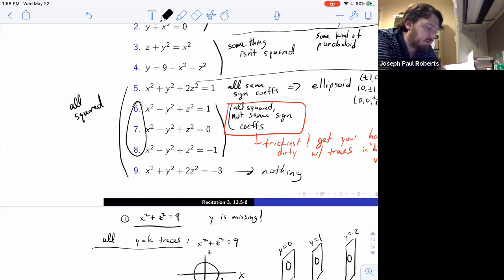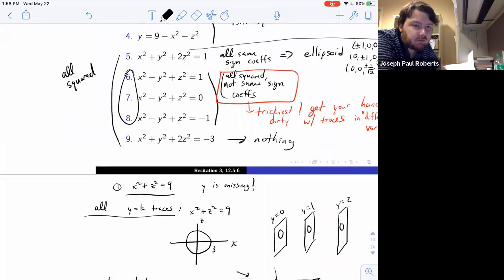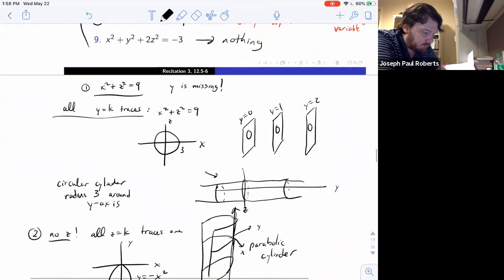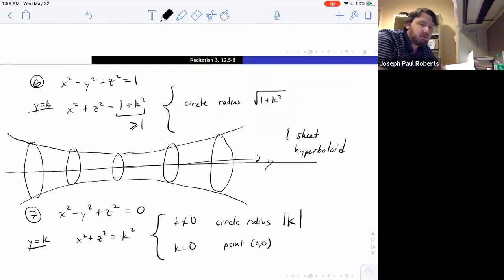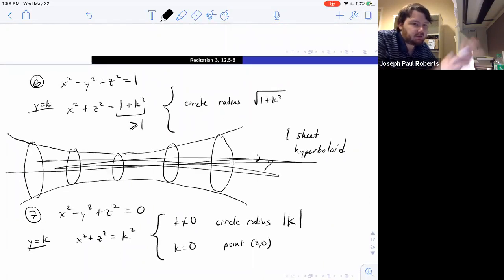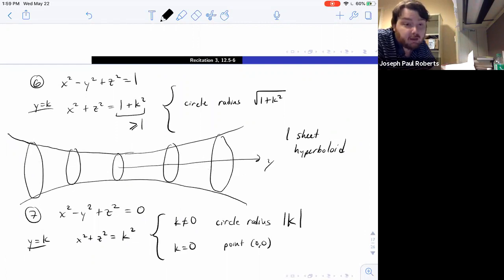And which one it is depends on if this ellipse family has any gaps in it. So the one-sheet hyperboloid, there's no gap in the ellipse cross sections. They shrink, they get bigger again, but they never go away.